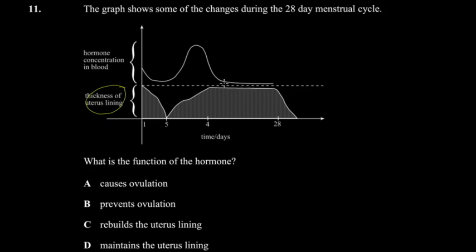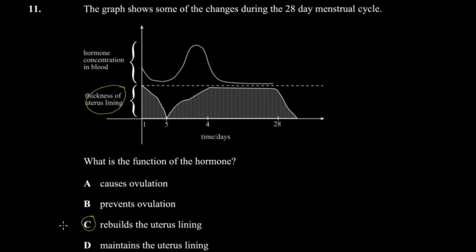Where it had higher concentration was when the uterus lining had dipped to 0 thickness, and then it rebuilt that uterus lining, and when it was done, the hormone levels actually dipped. So the answer is the hormone rebuilds, not maintains.